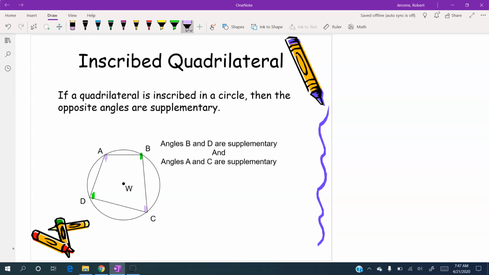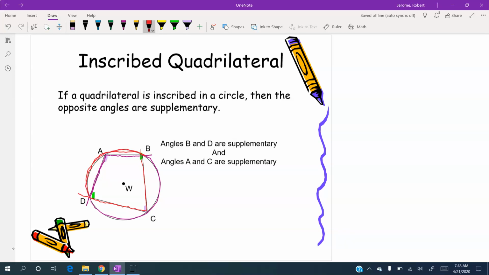They total 180. Angle A and angle C are supplementary. They total 180. Now, one easy way to remember this, using our knowledge of inscribed angles: I drew out angle A, and there's its intercepted arc. Watch what happens when I draw out angle C, and there's its intercepted arc.